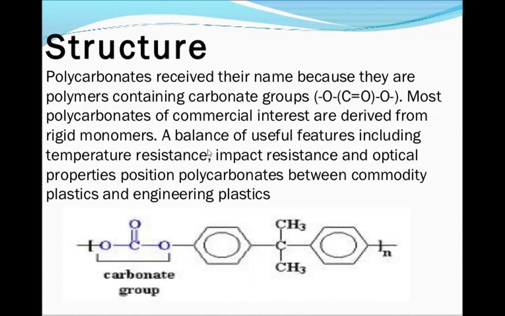The important useful features are temperature resistance, impact resistance, and optical property of the polycarbonates, which places them between commodity plastics and engineering plastics. That means the position of the polycarbonate can be kept between the normal plastics and engineering plastic materials. So the carbonate group and the ester group are present in the polycarbonate structure.